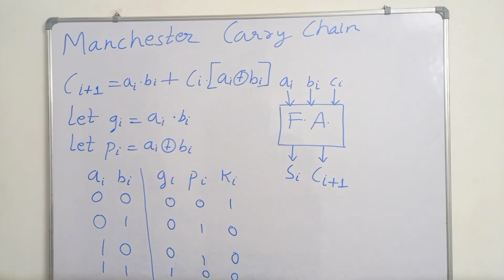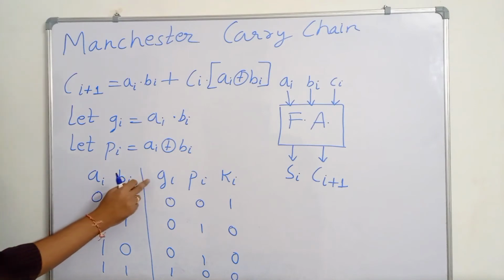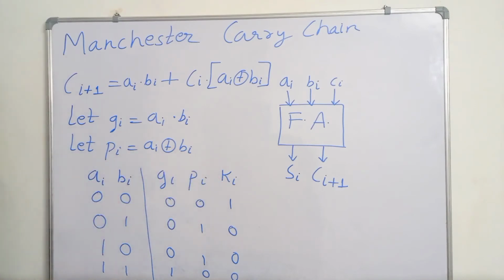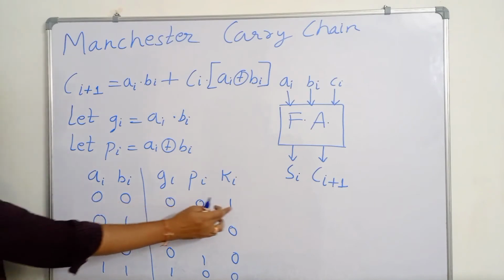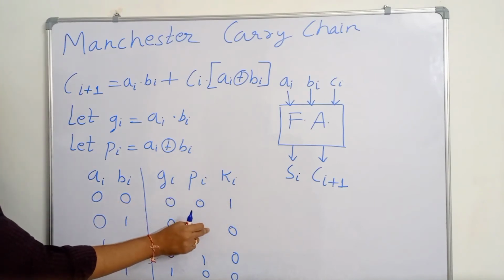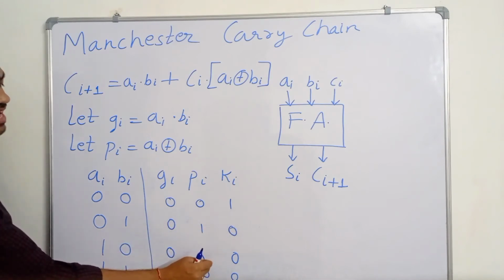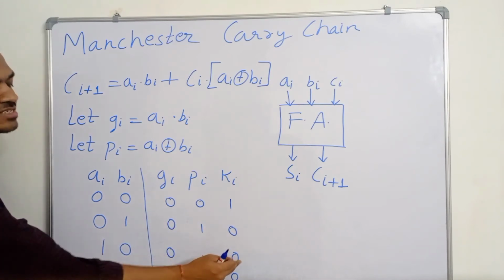As you can see in this table, at a stage only one of Gi, Pi or Ki is 1. In this row Ki is 1 but Pi and Gi are both 0. Here Pi is 1 and Gi and Ki are both 0.